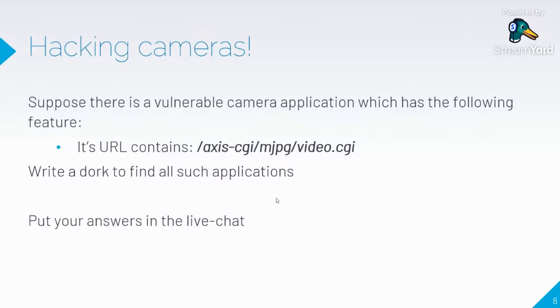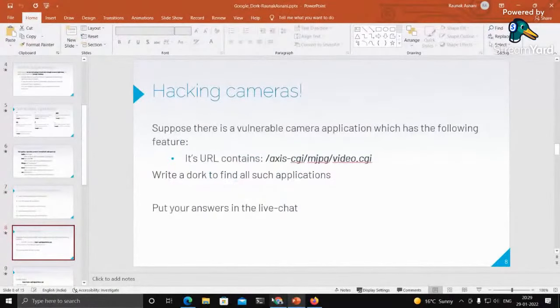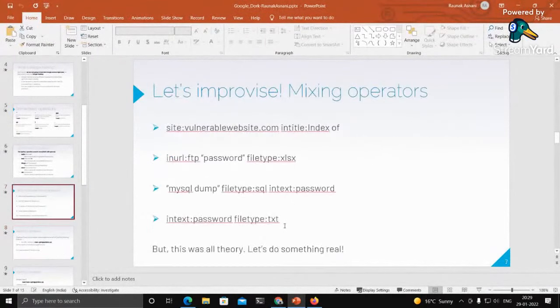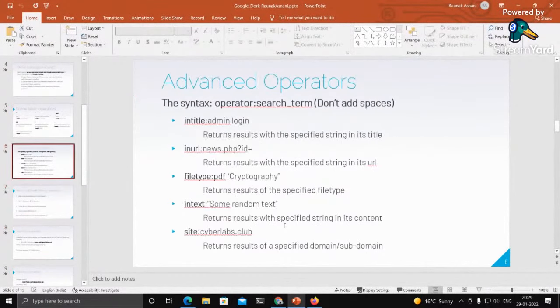So put your answers in the live chat. I'll be looking at the live chat, and we'll wait for some time while you guys write this dork. You need to find all those websites whose URL contains this following string. So I'll be opening the chat. What you all can do, you can refer to the advanced operator slides. One of these 5 operators is what you need.